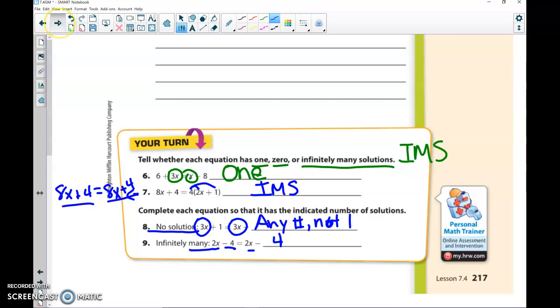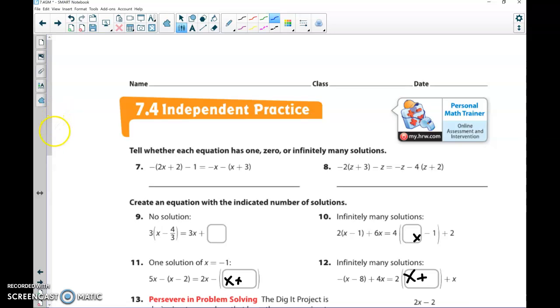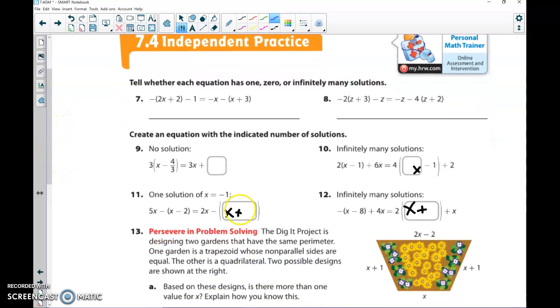Okay, let's look at a couple more of those that are actually on the homework. Okay, so here, whoops. If I look at something like number 10, here I know I have 2 times x is 2x, 2 times 1 is 2, and I know I want it to have many solutions. So we've got to figure out, there's no x's over here. I got a 4, I got a 1, negative 1, I got a 2. I got to figure out how many x's I need on this side.